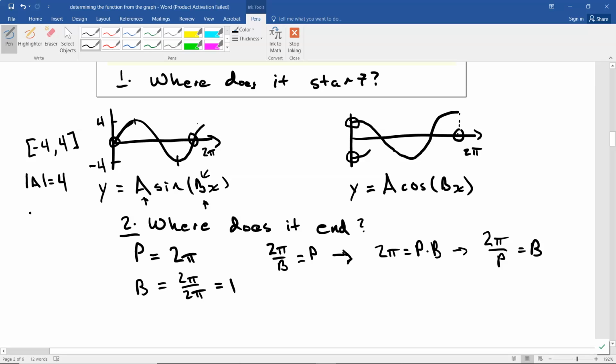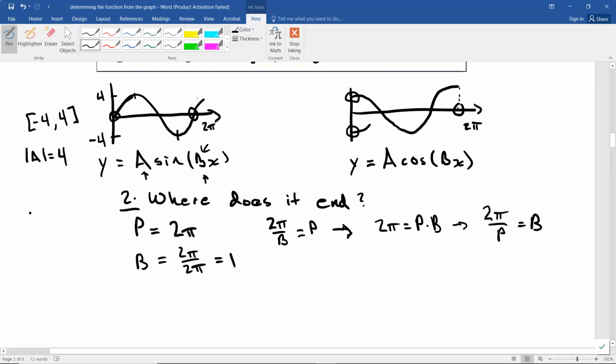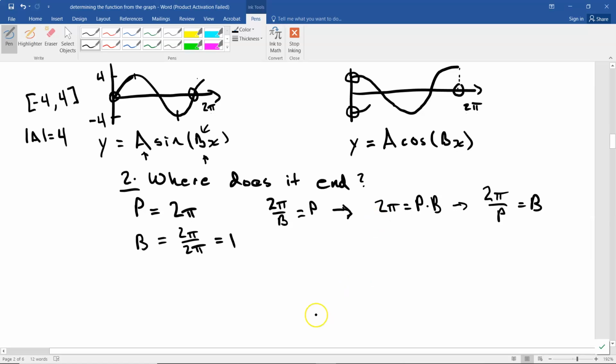The important thing to note is that the amplitude was always an absolute value of this a coefficient. So I'm going to show you another pair of examples to illustrate this point. I can draw two different sine functions, one like this and one like this.